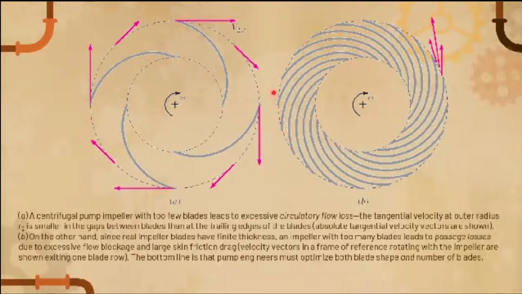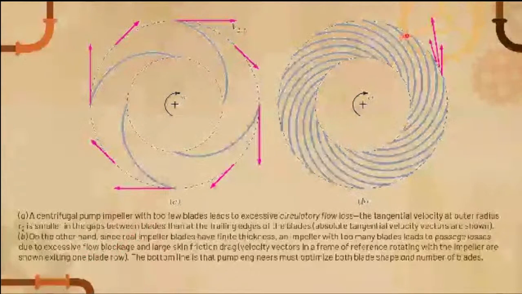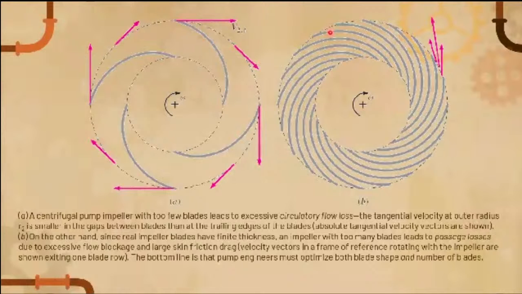So when the gap is too small, it will cause what we call flow blockage as well, because when this propeller is spinning fast, it won't be able to capture lots of air to be pushed forward.